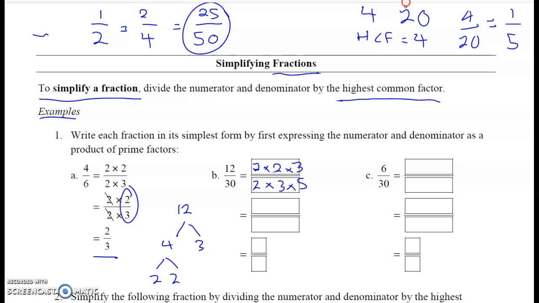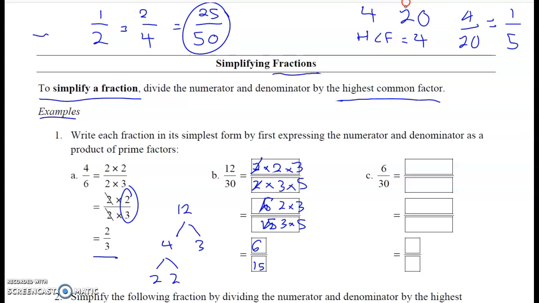Now we can see they've both got a factor of 2, so if we cancel out that 2, on the numerator all that's left is 2 times 3, which is 6, and on the denominator is 3 times 5, which is 15. And so that is our final answer.